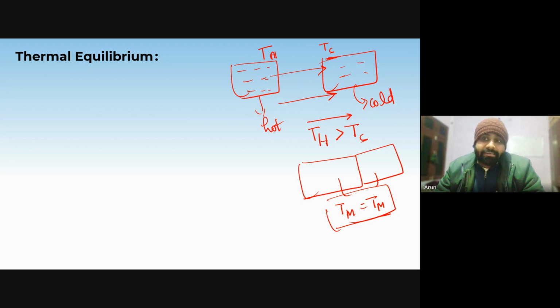So we can say that now there is no heat transfer in the system, and that state is termed as the thermal equilibrium. When there is no net heat transfer in the system, that system is said to be in thermal equilibrium. Got it?